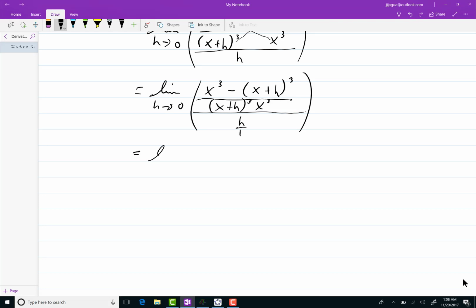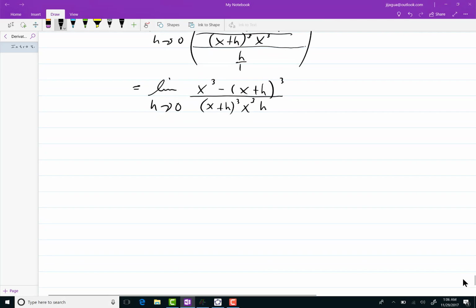You get the limit as h goes to 0, x cubed minus x plus h cubed all over x plus h cubed, x cubed times h. So when you flip it, it becomes 1 over h and it multiplies to the denominator. Now what I'm going to do is factor the numerator.